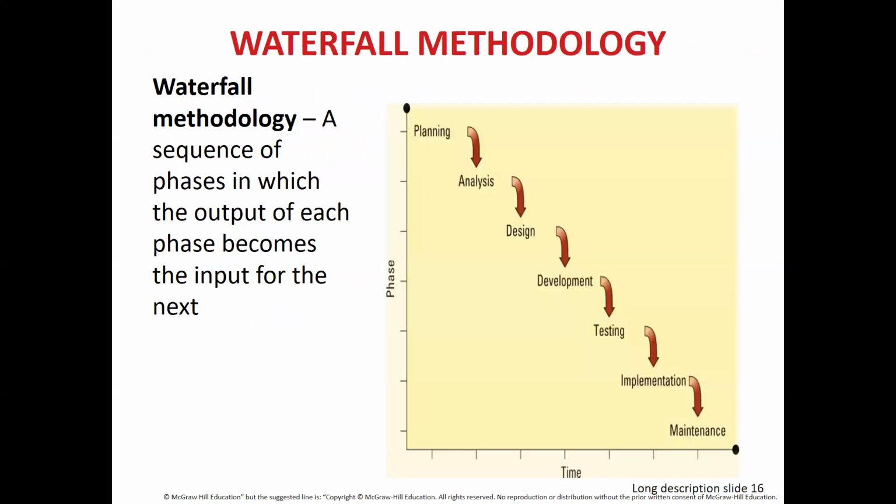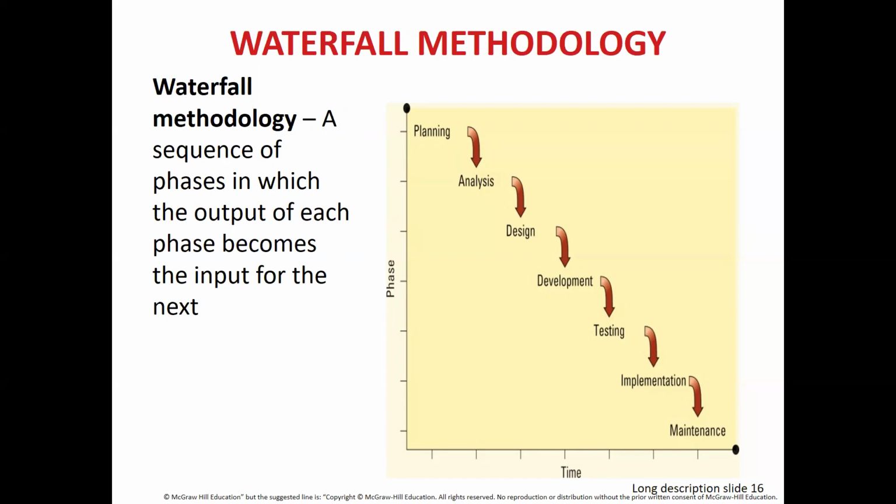First of all, waterfall. How I normally tend to remember waterfall is that it flows from up to down. That means it goes in a sequence. So the waterfall methodology is a sequence of phases in which the output of each phase becomes the input of the next.